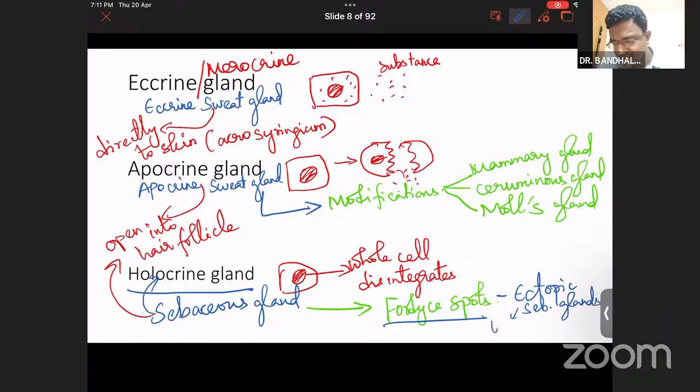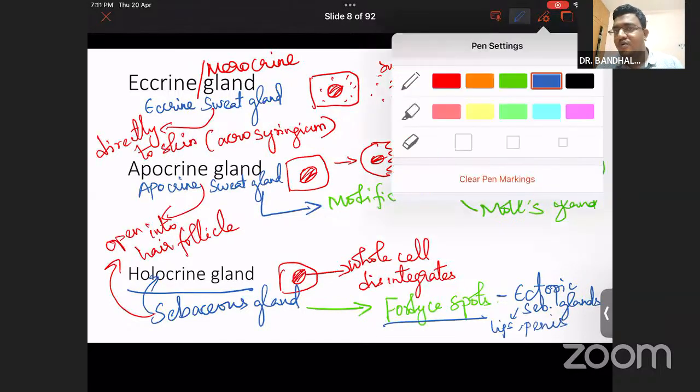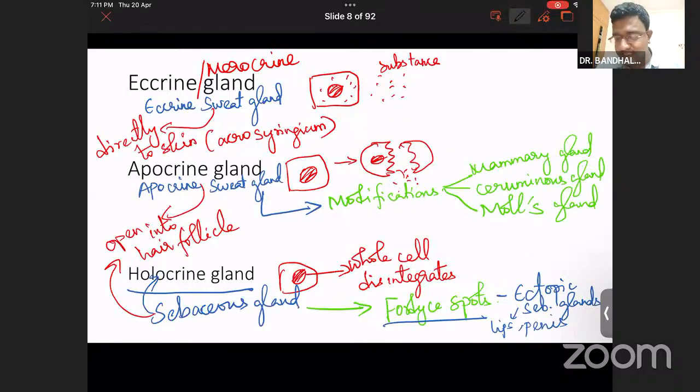Glands may be in the lips, penis, vulva, etc. One confusing thing they may ask is Fox-Fordyce spots, which are of apocrine origin.